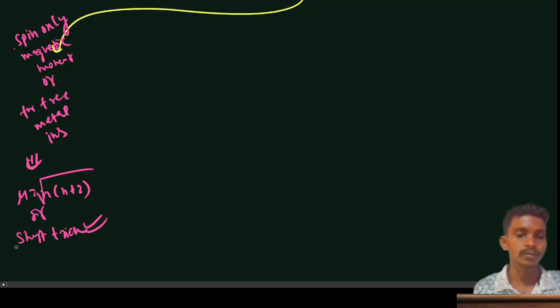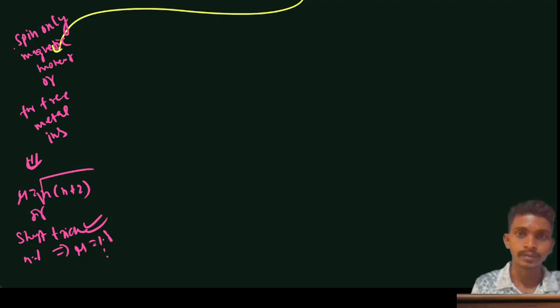Always use the short tricks. For example, for n equal to 1, the spin only magnetic moment will be 1.73, likewise. If it is asked for spin only magnetic moment or free metal ions.